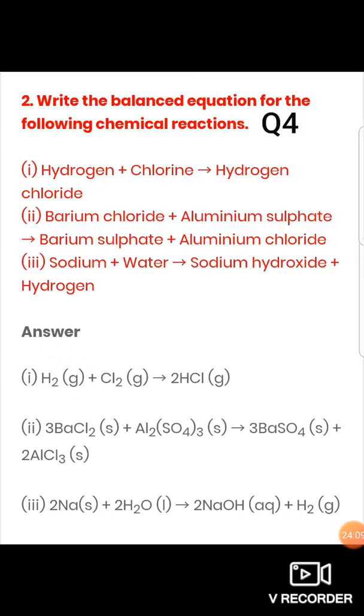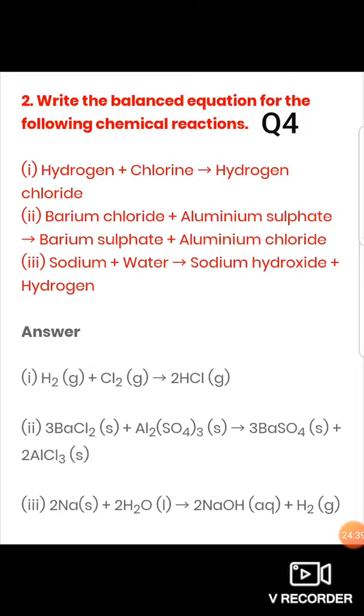BaCl2 plus Al2(SO4)3 gives BaSO4 plus AlCl3. Sodium plus water gives sodium hydroxide plus hydrogen. Sodium is Na, water is H2O, sodium hydroxide is NaOH, and H2 is hydrogen.